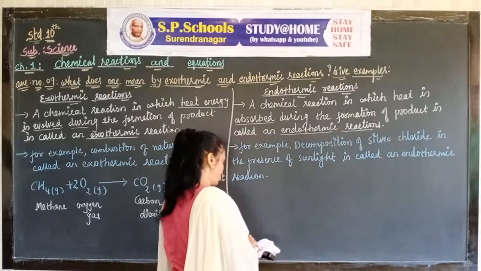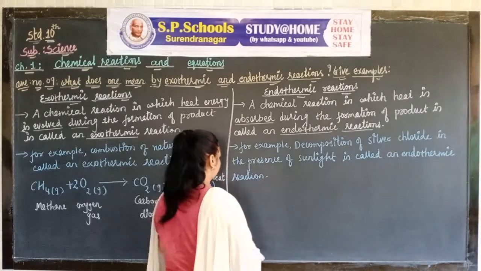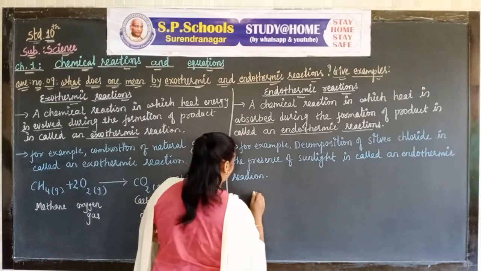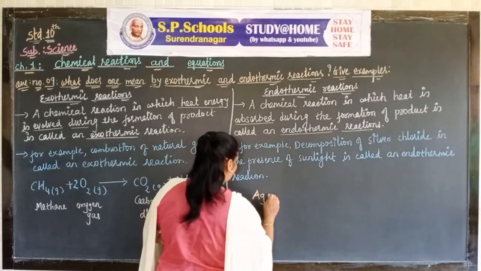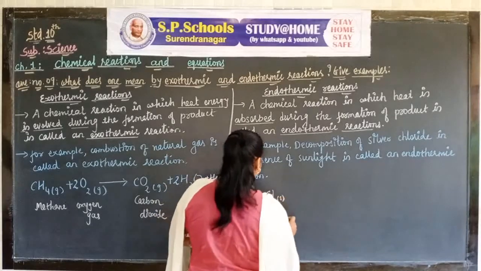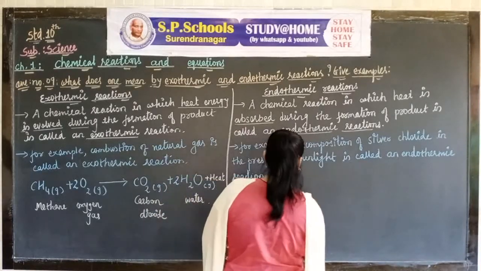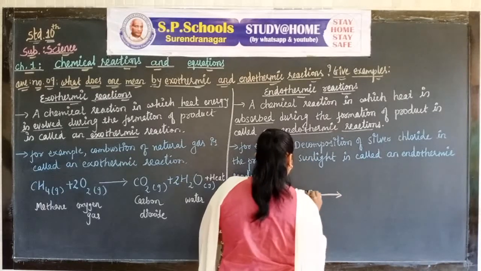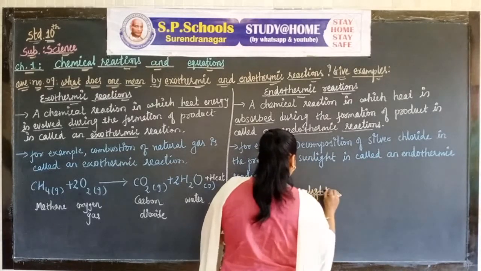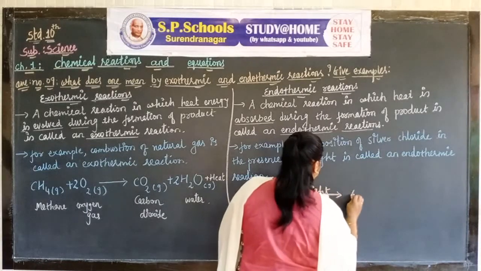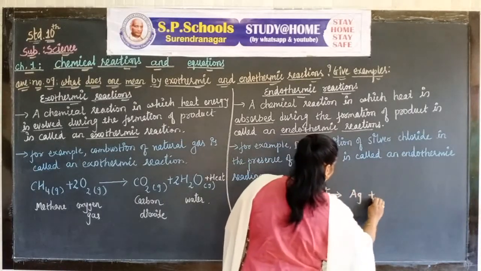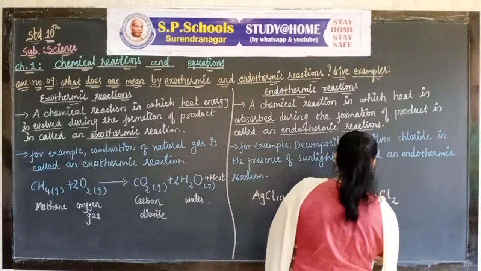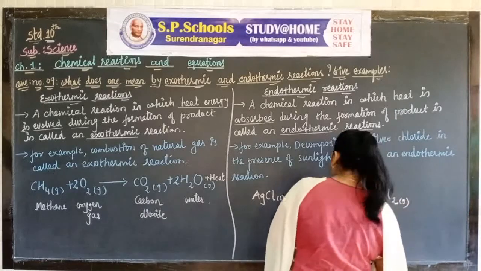So write with equation. Silver chloride AgCl solid, in presence of sunlight gives Ag plus Cl2. Ag is solid, Cl2 is gas.